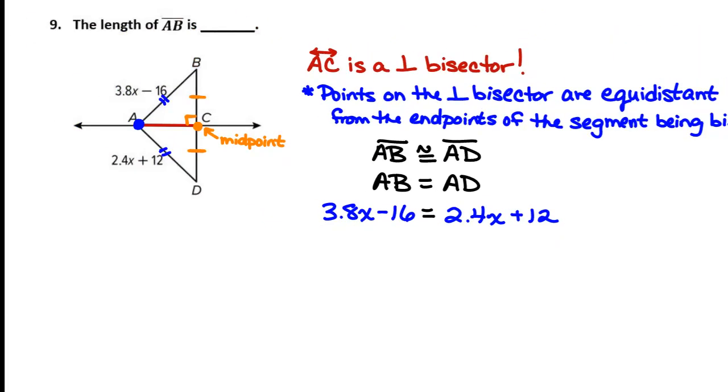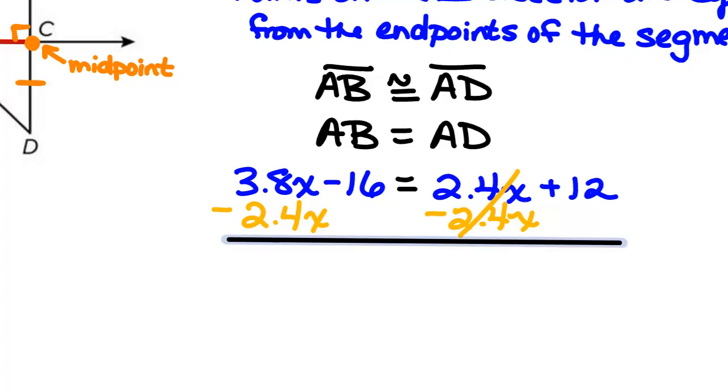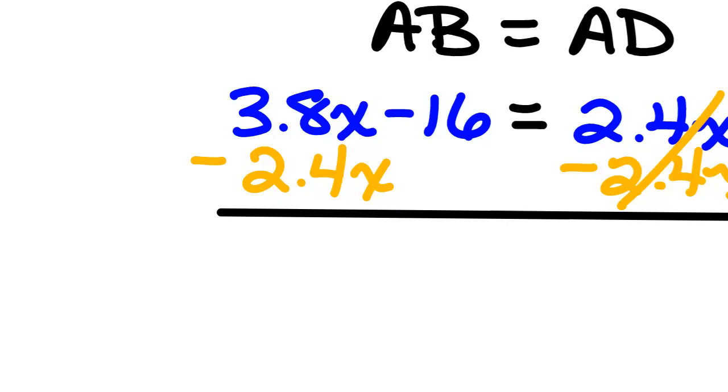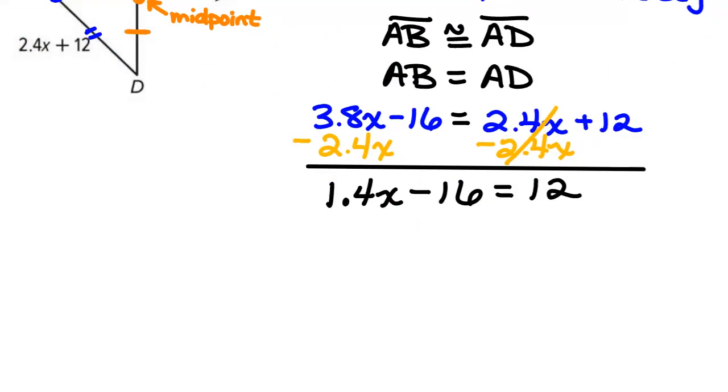And now we need to solve this for x, so I need to get my x's to the same side. I'm going to subtract 2.4x from both sides. What is 3.8 minus 2.4? 1.4. So I have 1.4x minus 16 equals 12.